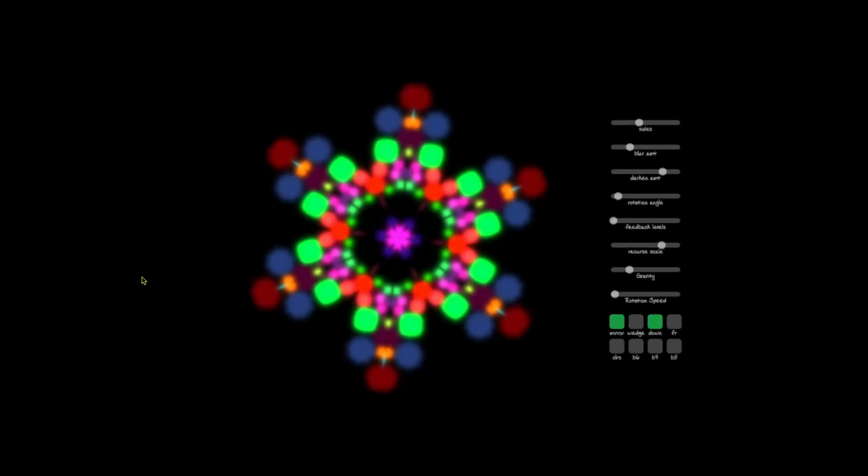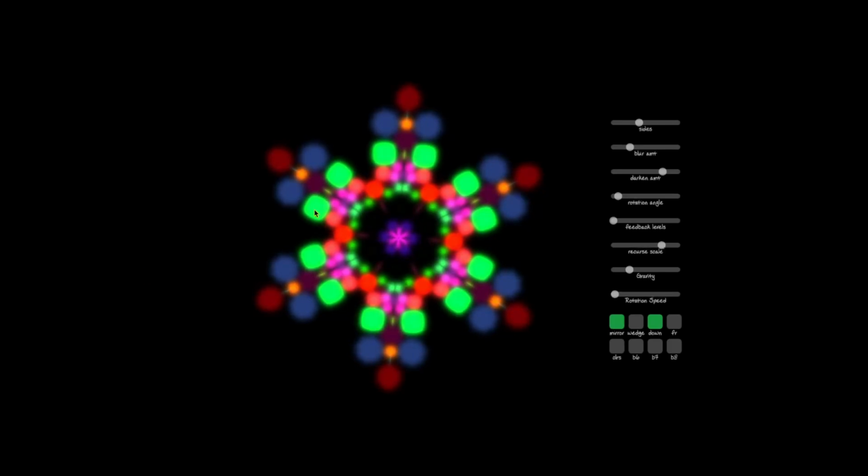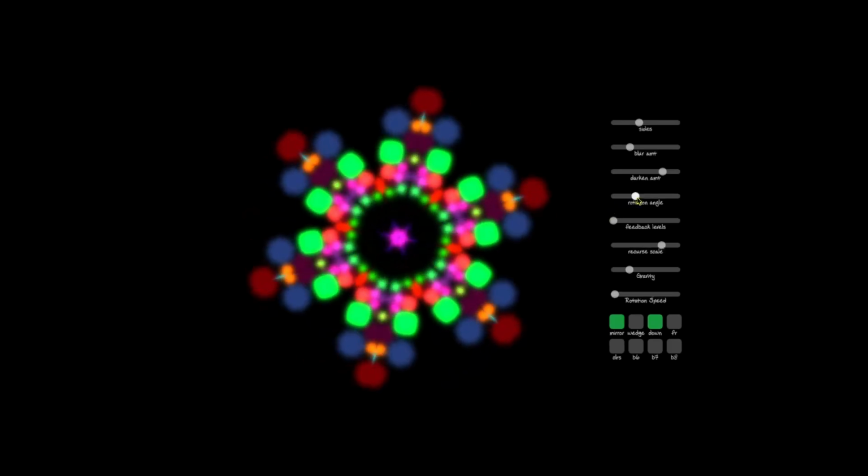Hi, this is a follow-up to my previous video, link in the description, on making kaleidoscopes in P5.js. This kaleidoscope looks different than the last one we looked at, and it looks a bit more like a physical kaleidoscope in that when you rotate it, the motion of the objects has some inherent gravity physics to it that look more realistic.